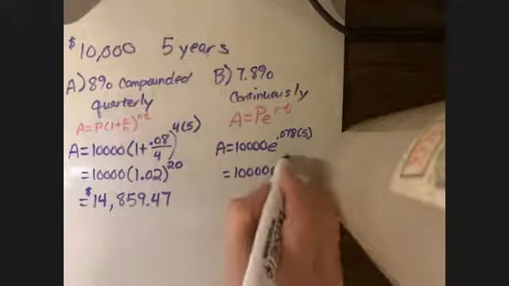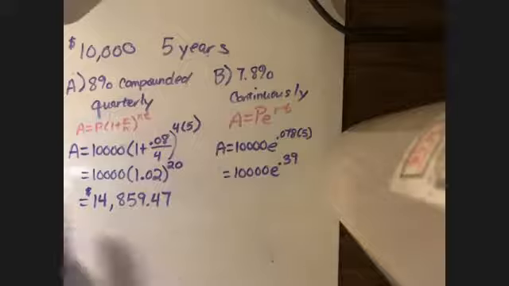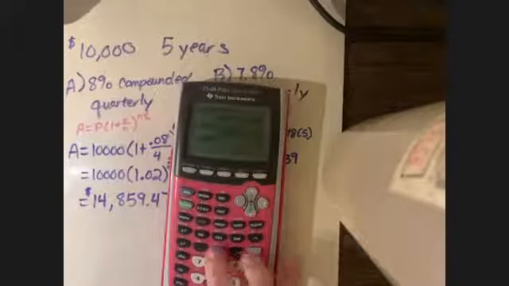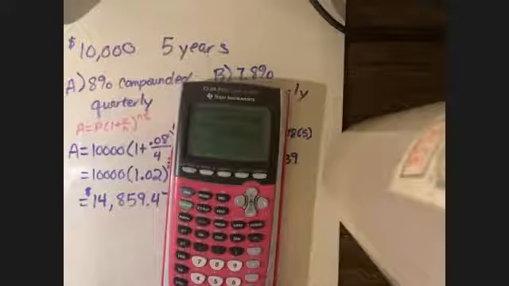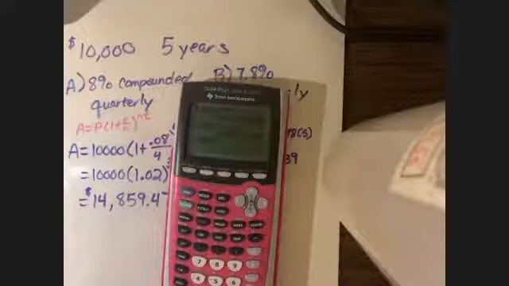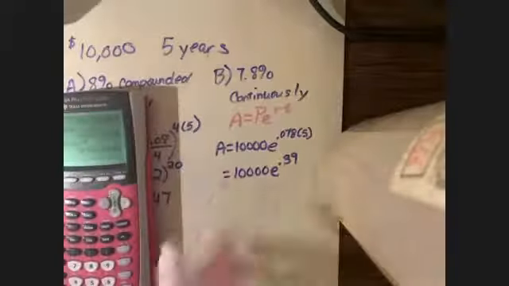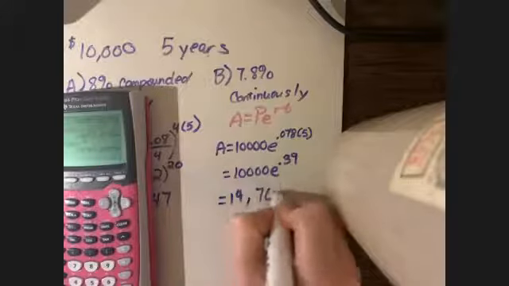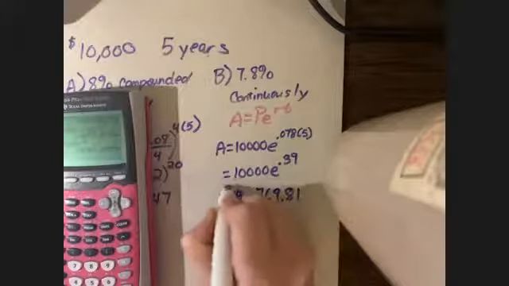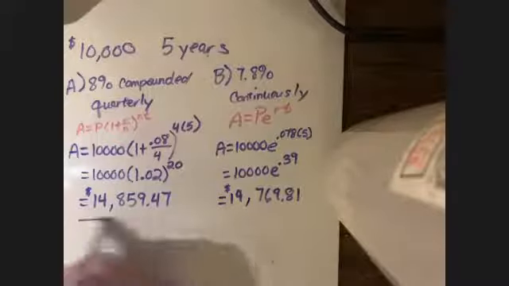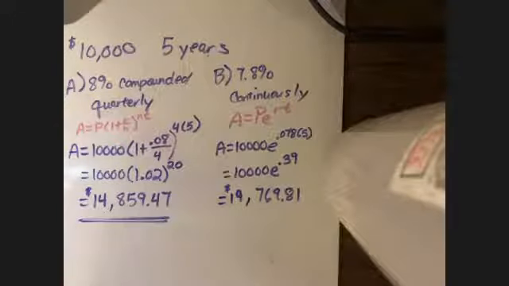That's going to be 0.39. So I've got 10,000 e to the 0.39, and I get 14,769.81. So at the 5-year mark, this one is my better investment.